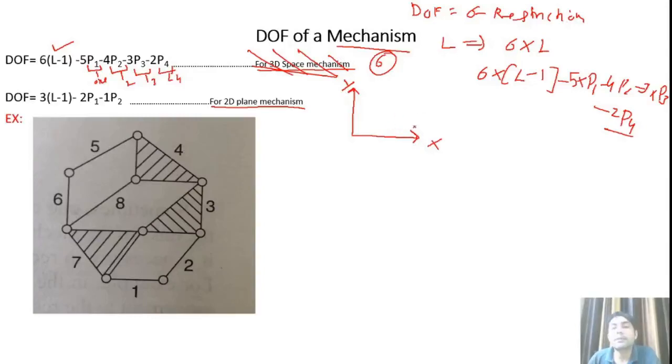Three types of motions can take place in a plane. So in this type of plane only 3 types of motions will take place.